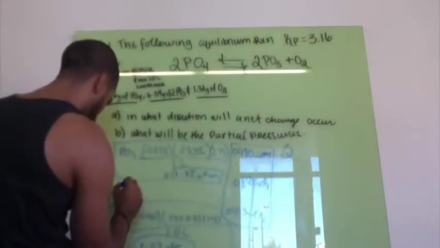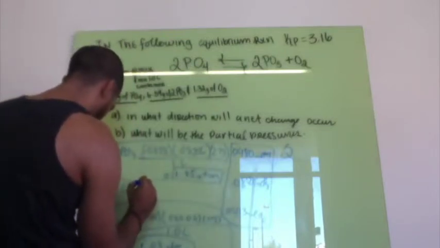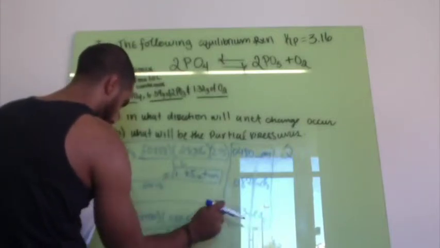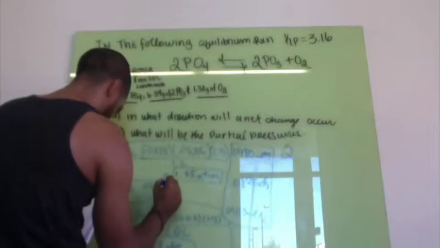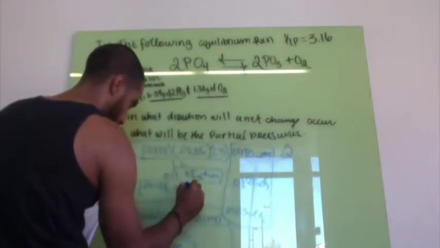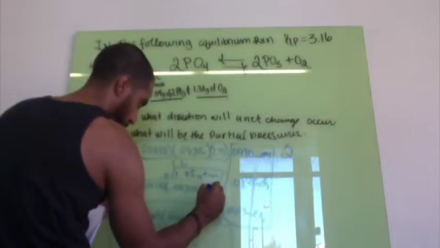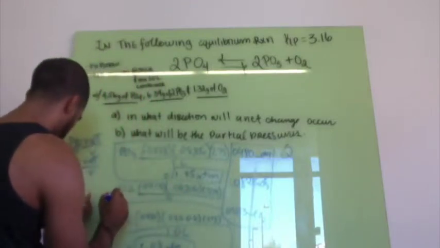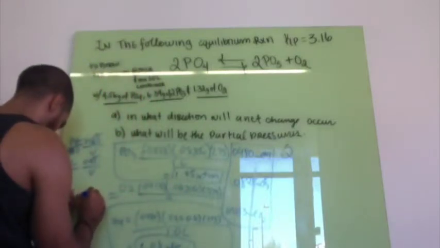Now for our O2, we have a concentration of 0.0413 times 0.08206 times 273, all over 1 liter. And from there we get 0.9258.